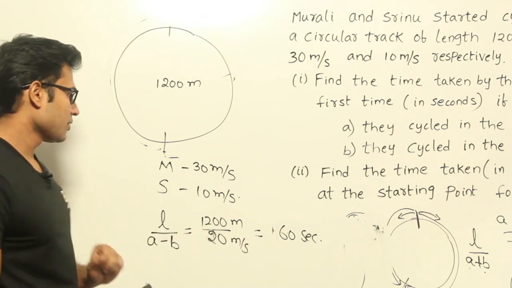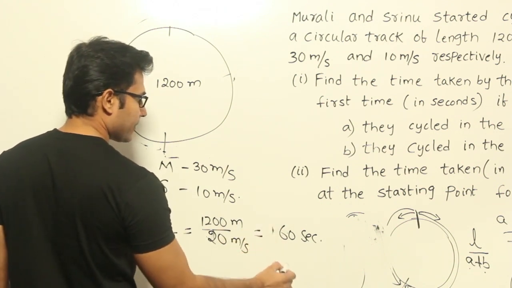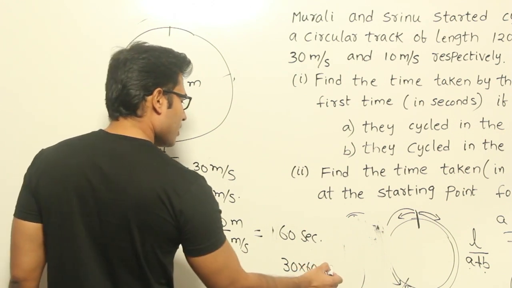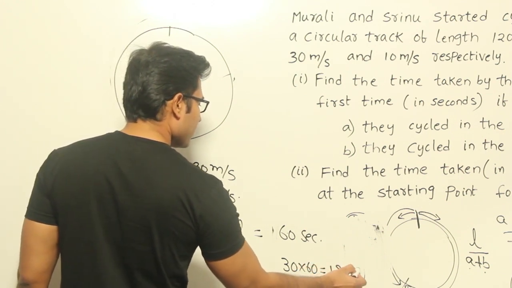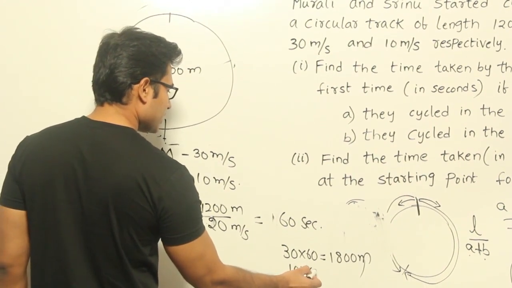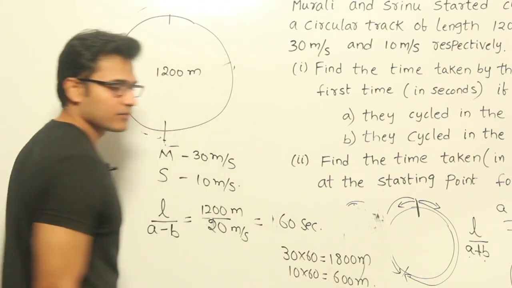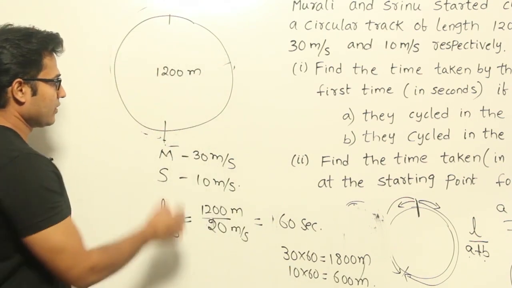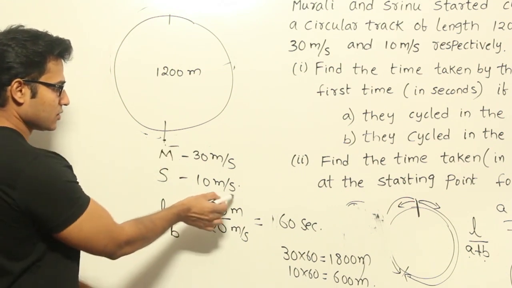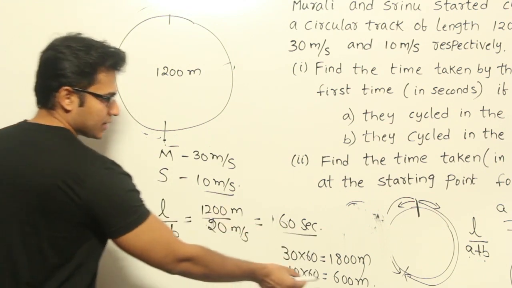Murali will be covering 30 into 60, which means 1800 meters, and Srinu will be covering 10 into 60, which means 600 meters, right? Srinu's speed is 10 meters per second, so in 60 seconds he would have covered 600 meters.